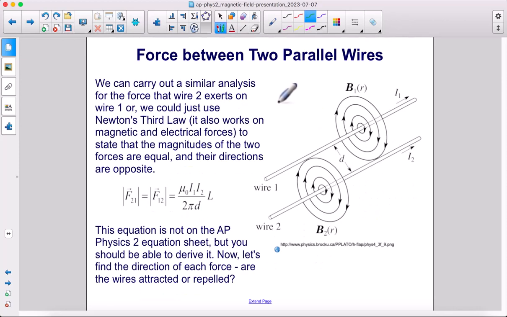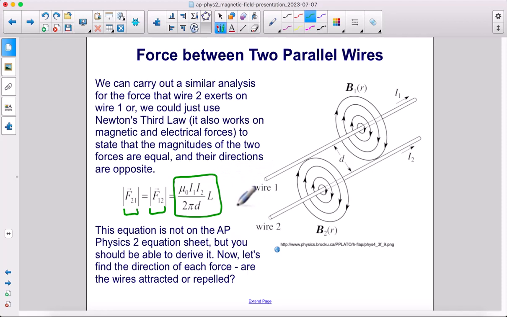We can carry out a similar analysis for the force that wire 2 exerts on wire 1, or we could just use Newton's third law, because it also works on magnetic and electrical forces, to state that the magnitudes of those two forces must be equal and their directions are opposite. So the force that 2 exerts on 1 is equal to the force that 1 exerts on 2, and it is given by this expression that we derived by combining two other equations.